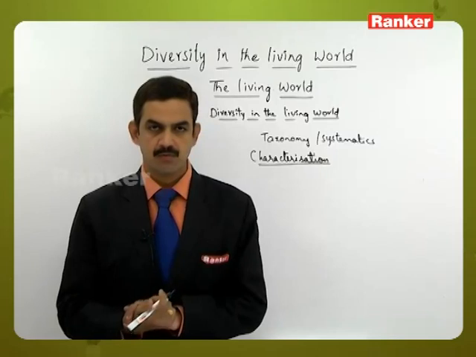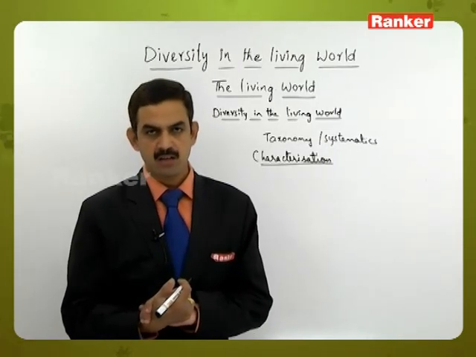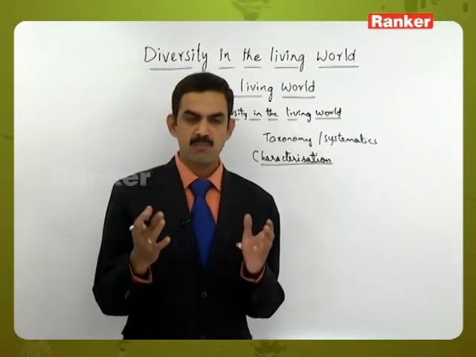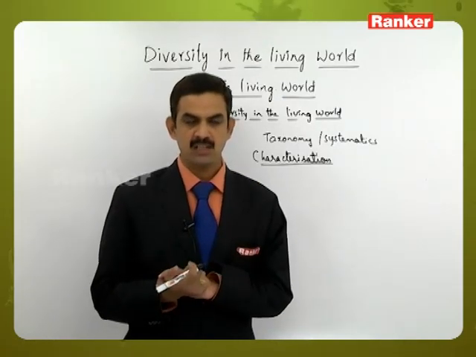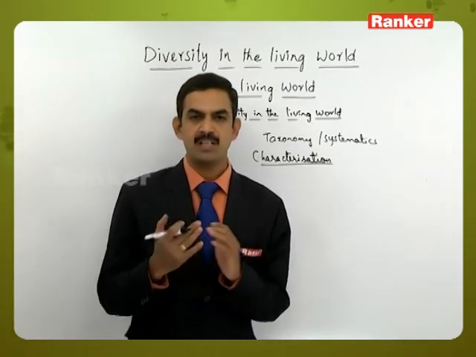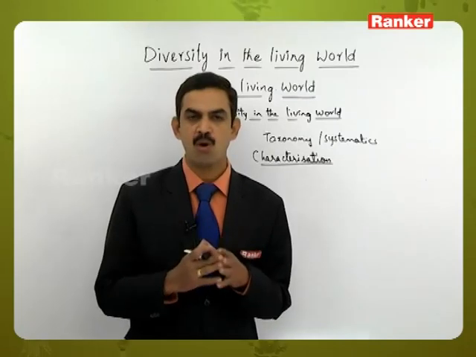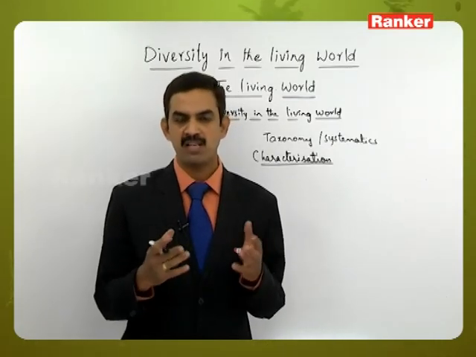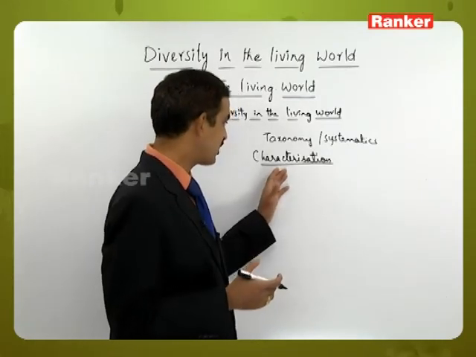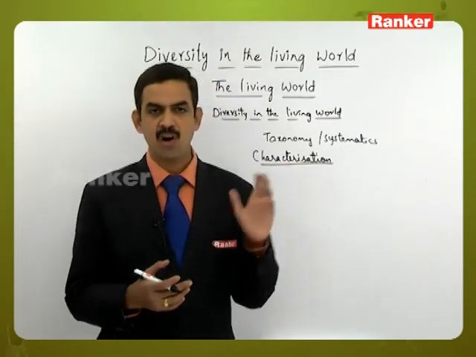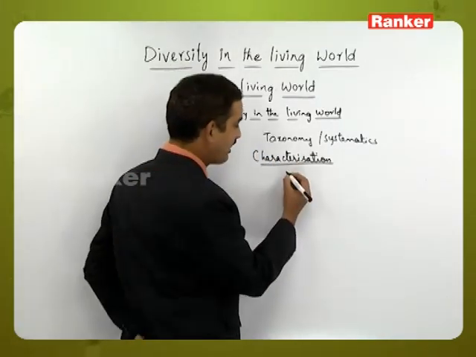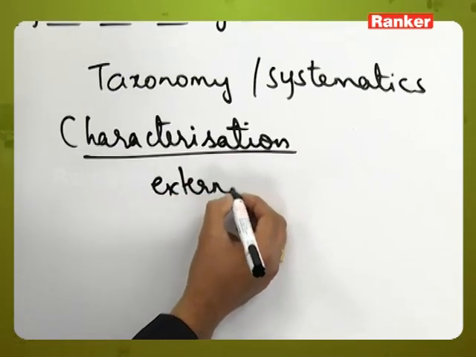Based on the characters, we are able to identify the plant. It may be the physical appearance of the organism, depending upon the shape, size, structure and form of the stem, leaf, flowers and fruit. So the characterization is based on the nature or form; external features are used for identification.